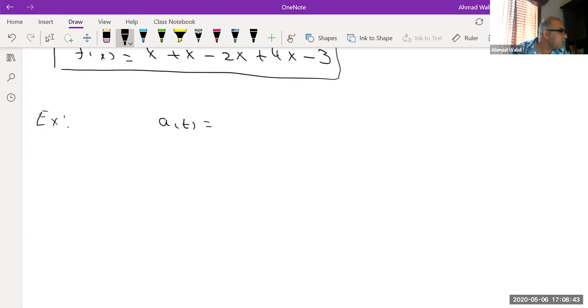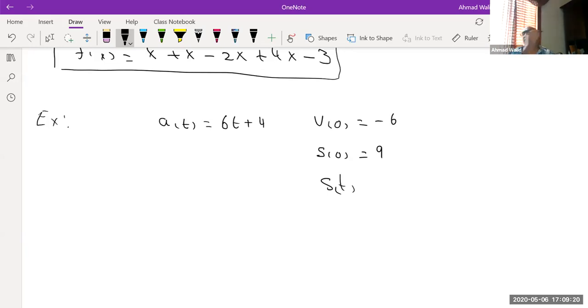A of t equals 6t plus 4, and the initial velocity v sub 0, or v of 0, equals negative 6, correct? If s of 0 is equal to 9, find the position function. It means find s of t.